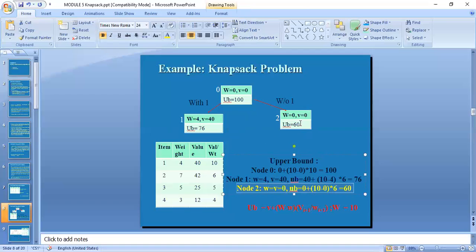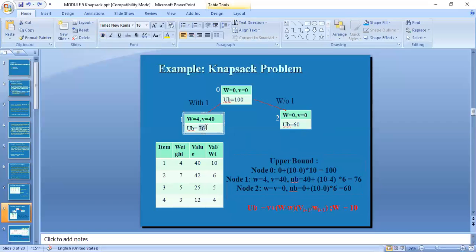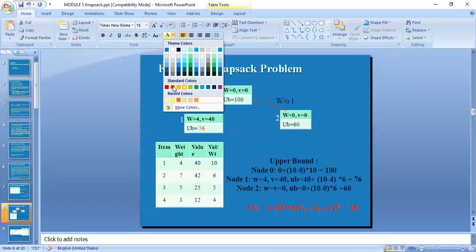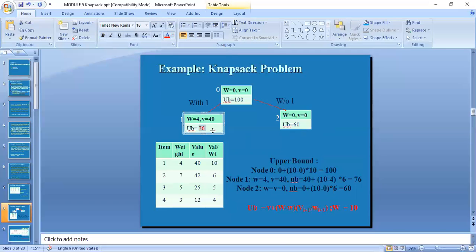Node 1 is with item 1 and node 2 is without item 1, where you are getting values of 76 and 60. So here we will say that value 76 is the most promising one, and we will move further with that.